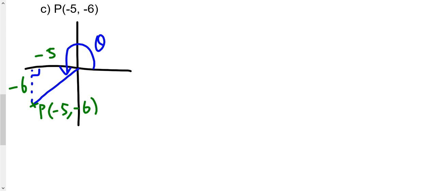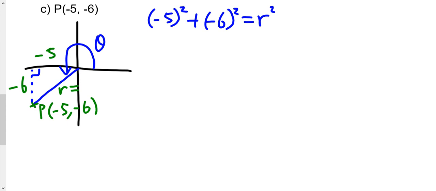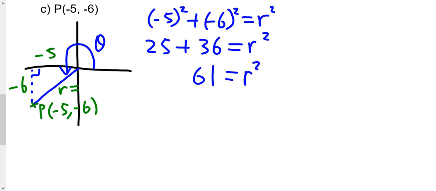Now same thing, your hypotenuse is R, we will find that, so let's put down the equal sign. A squared plus B squared gives you C squared. So -5 squared plus -6 squared equals R squared. -5 squared gives you 25, -6 squared gives you 36, and adding up 25 and 36 gives you 61, which is equal to R squared.